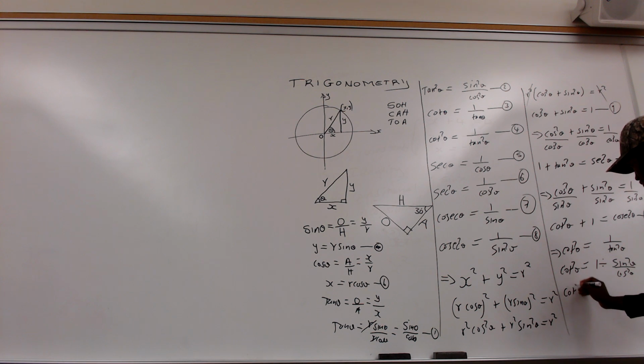So cot square theta will be 1 times cos square moved up, divided by sin square down. So cot square theta is cos square theta divided by sin square theta. This will give us identity 12.